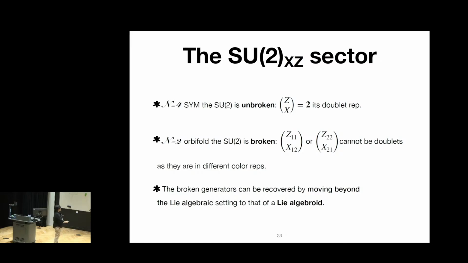Fantastic. Now, as I already said, we lost this SU(2), and the reason is clear. You cannot put oranges and apples together in a doublet. It's not allowed. Here is an orange, and here is an apple. This is adjoint, and this is bifundamental. The only way to circumvent this problem is to drop the Lie algebraic setting and go to a Lie algebroid.